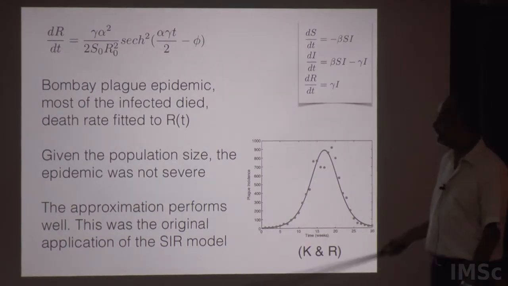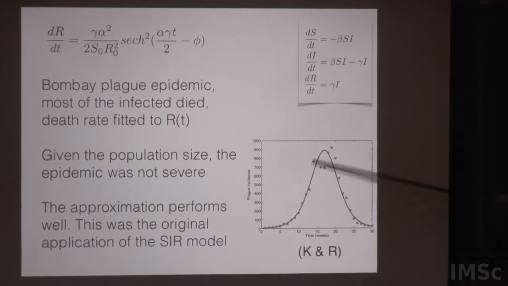This formula is actually what was plotted by the original SIR model people, Kermack and McKendrick. This is the 1920s, they did not bother to solve things on a computer, but Kermack was a very clever mathematician, so he probably worked this out in his head, worked out what this form should be like, and found that this is what the peak was.